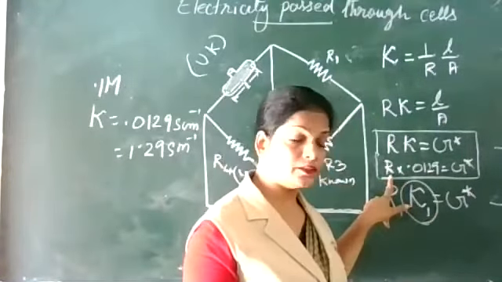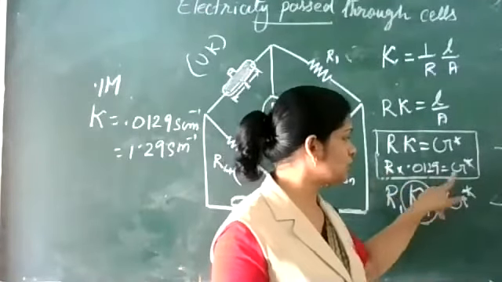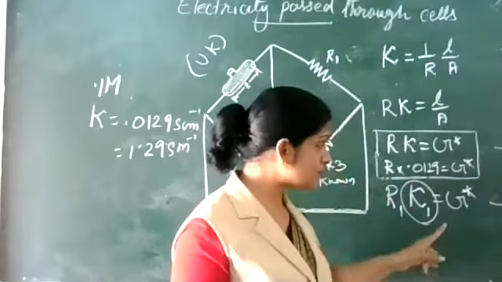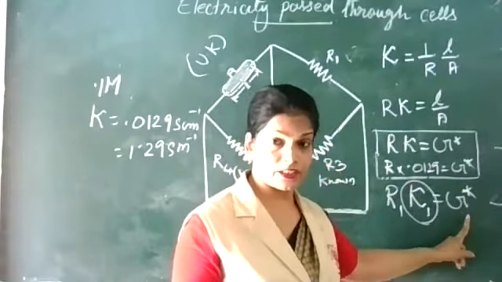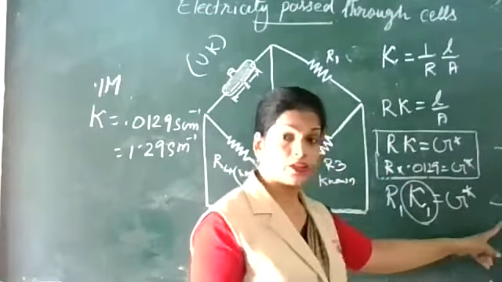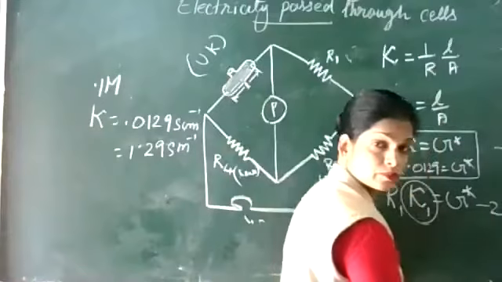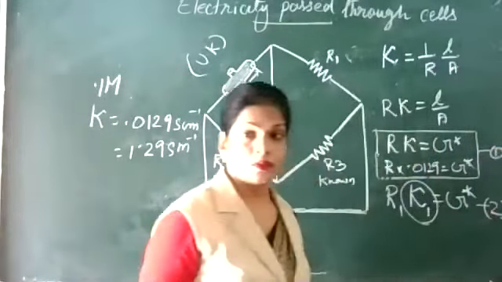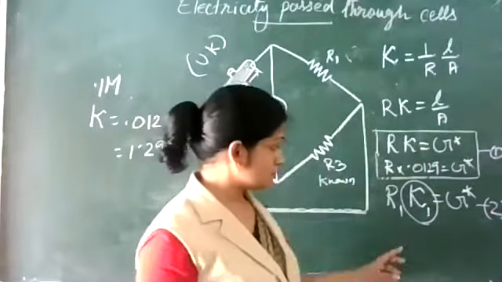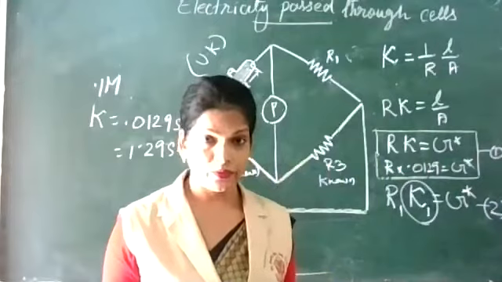Using this resistance bridge, you find out this R. So this R into kappa will give you G star. Keep that G star, which is constant, for equation number 2. And the unknown solution is given to you by your teacher.